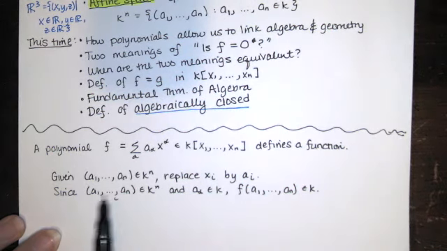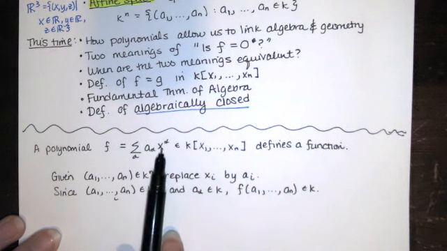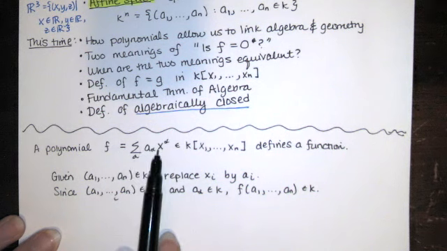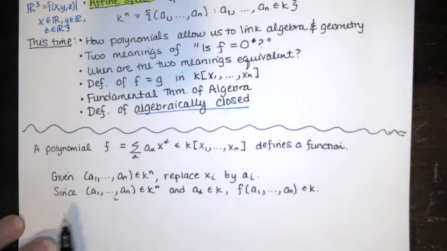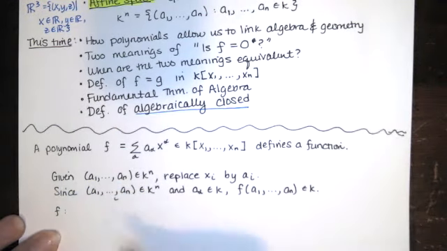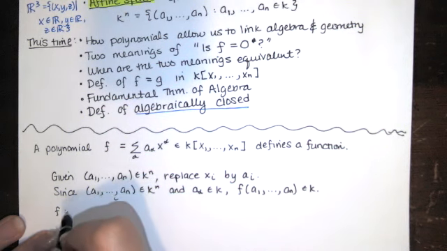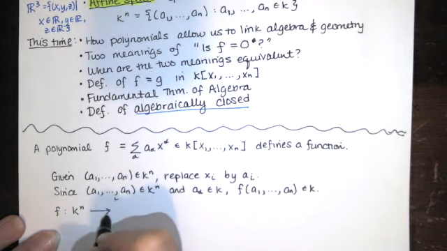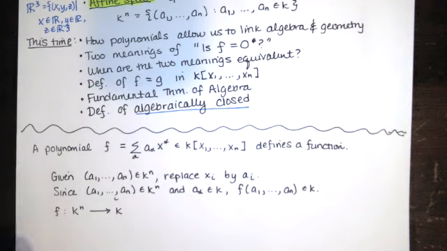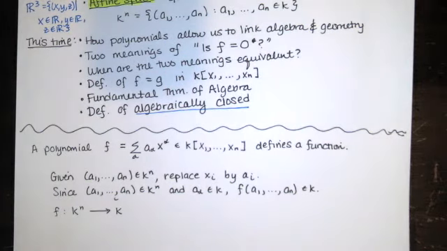When I plug these in for all of the x values, remember that's a product, and I raise those to powers and multiply by a sub alpha, and then add all of those together. Because of the properties of a field, which we talked about in the last video, the result is a member of the field as well. So in this way, f is able to take values from k to the n and map them to values in k.